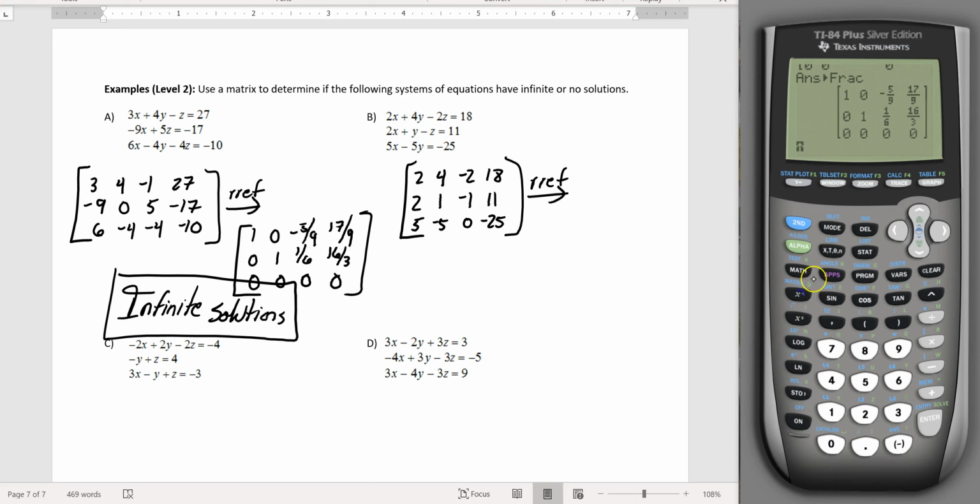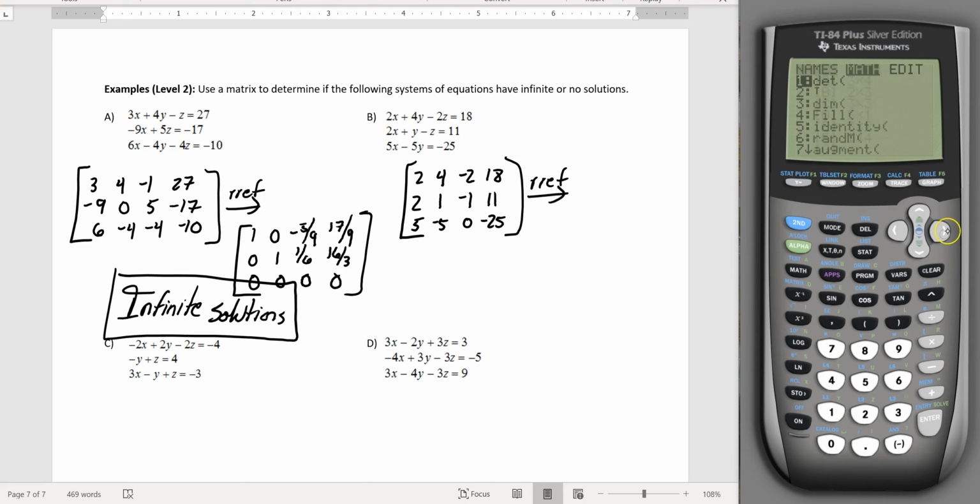So let's go to second matrix, edit, 3 by 4: 2, 4, negative 2, 18, 2, 1, negative 1, 11, and 5, negative 5, 0, negative 25.